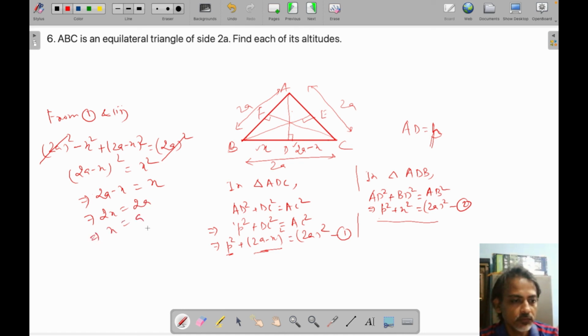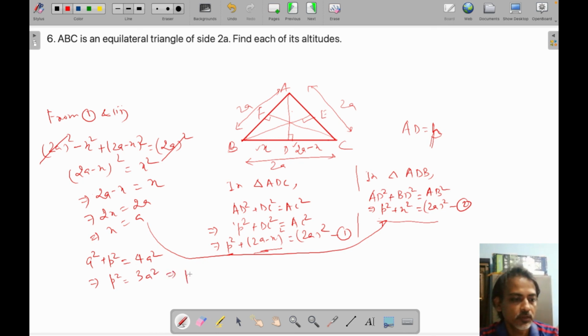We'll put the value of X over here, right? So what will happen here is we'll get A square plus P square equals 4A square. This implies P square equals 3A square.